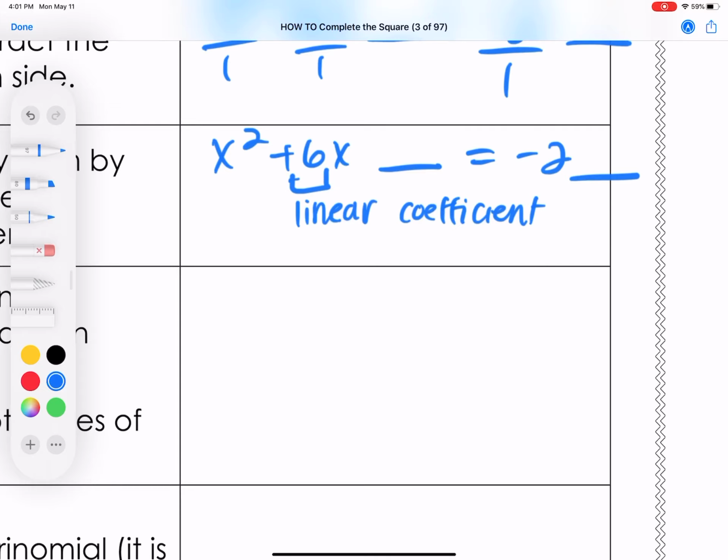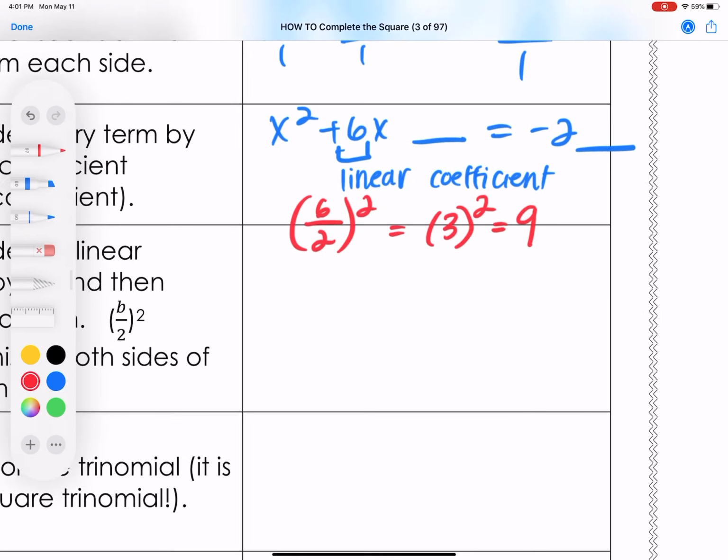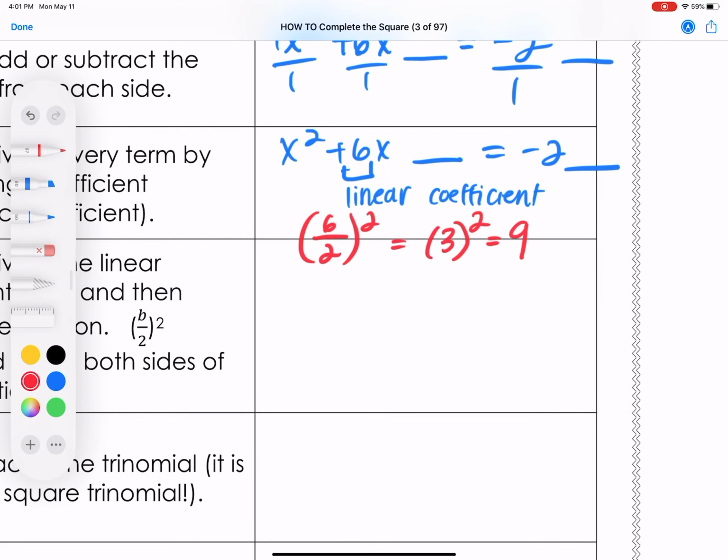So your linear coefficient is just that number in the front. Okay, it's the coefficient of the middle term. So what you're going to do is divide it by 2. And then you're going to square it. Okay, so 6 divided by 2 is 3, and then 3 squared is 9. So what you're going to do now is you're going to add that 9 to both sides.